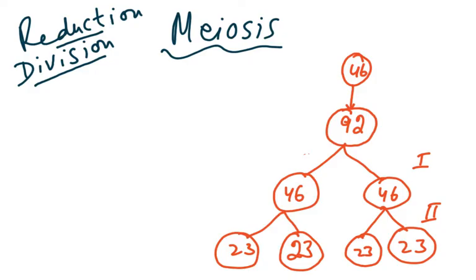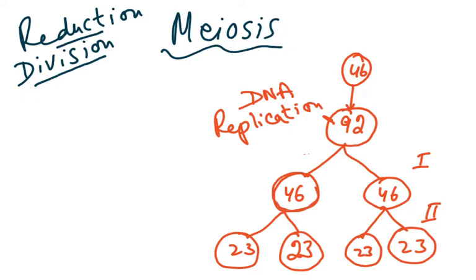Now, first of all, as I told you earlier, DNA replication has to take place. So the 46 chromosomes become 92 chromatids. Then meiosis 1 takes place and two cells are formed with 46 in each. But in this situation also, please remember, it is still one of each pair.